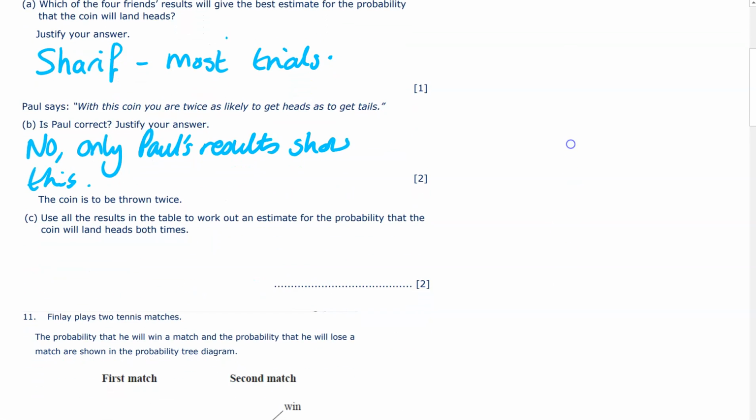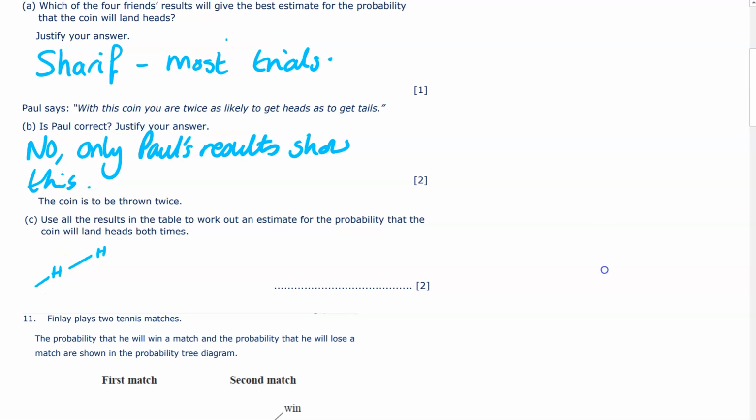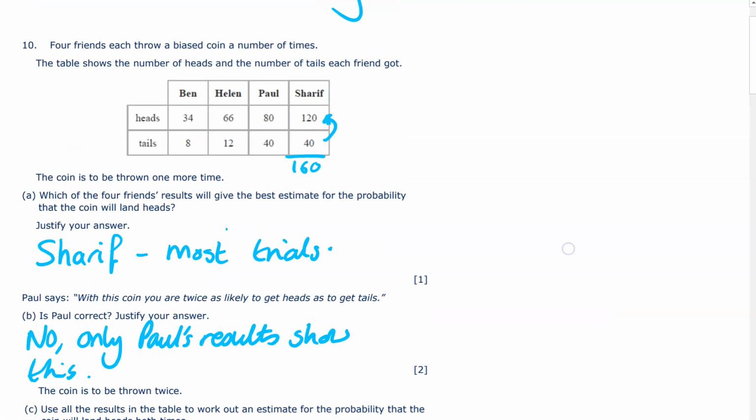Okie dokie, thrown twice this time. Use all the results to work out an estimate for the probability that we'll land on head both times. So if we were doing a tree diagram, we'd be doing heads. So we need to know what the probability of heads is. How many heads have we got? We've got 30, 90, 100, 200, 300 heads.